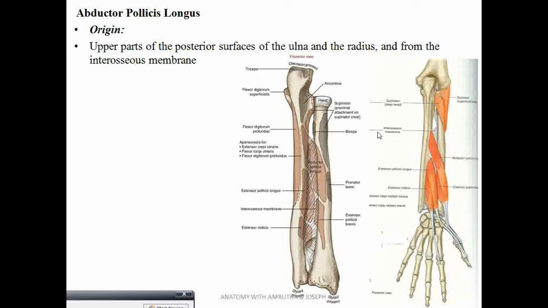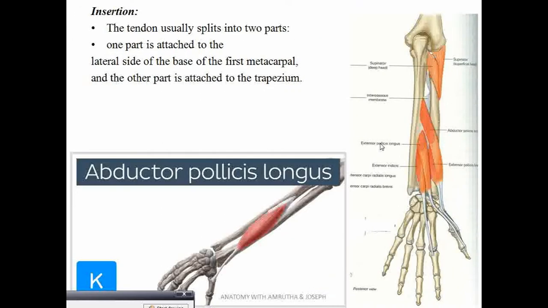Abductor pollicis longus. Abductor pollicis longus origin: upper parts of posterior surface of ulna and the radius, and also interosseous membrane. Ulna, radius, interosseous membrane.